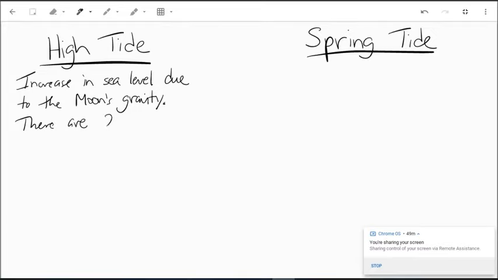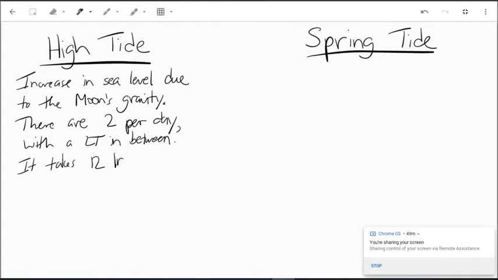There are 2 per day, with a low tide in between. It takes 12 hours to go from high tide to high tide. Good summary.